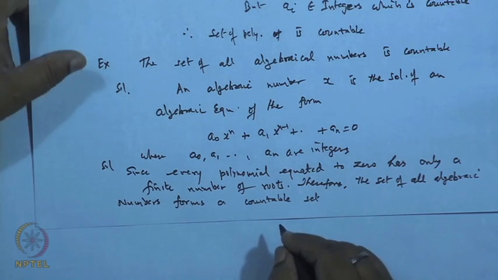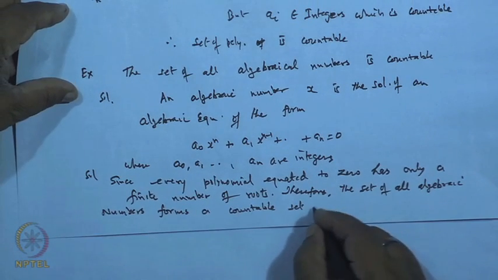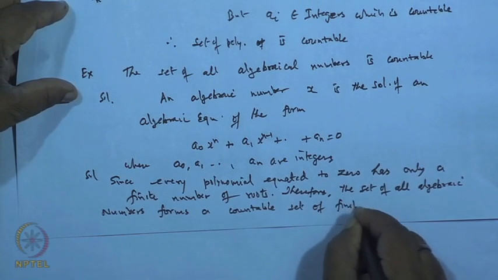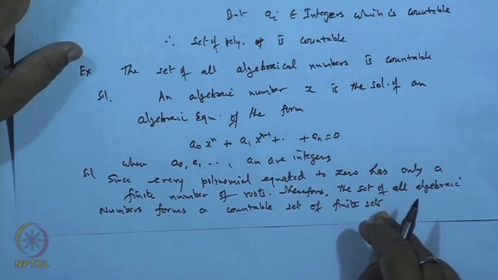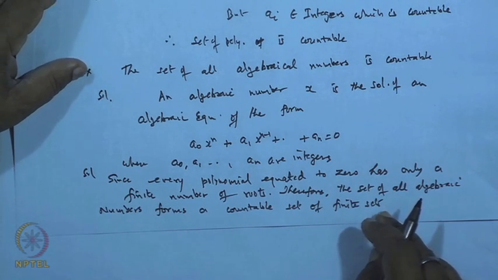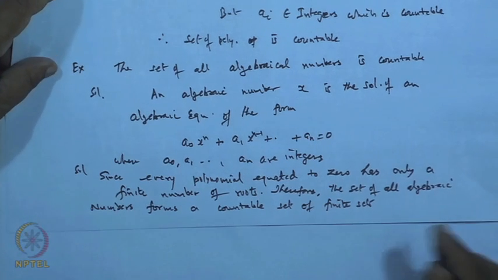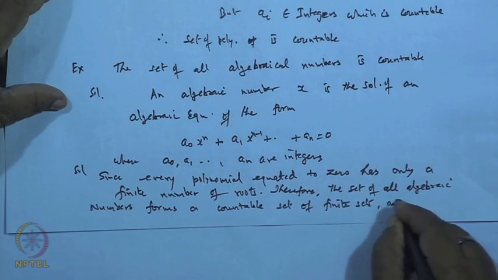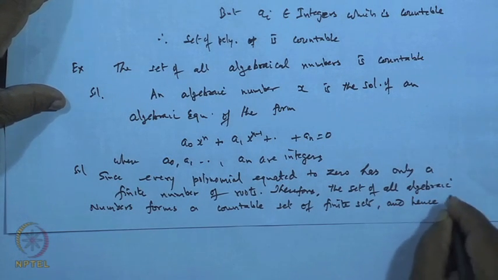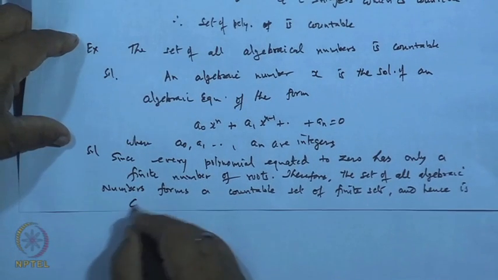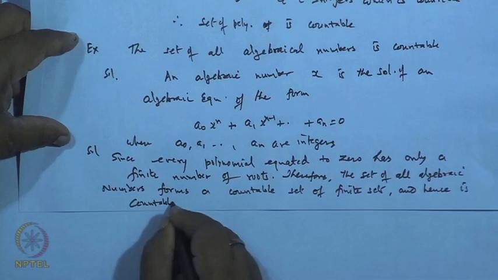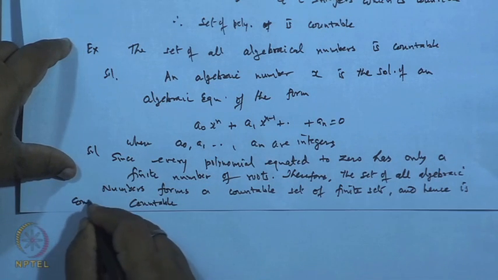It is a countable union of finite sets, because these solutions are finite, so it is consequently countable.